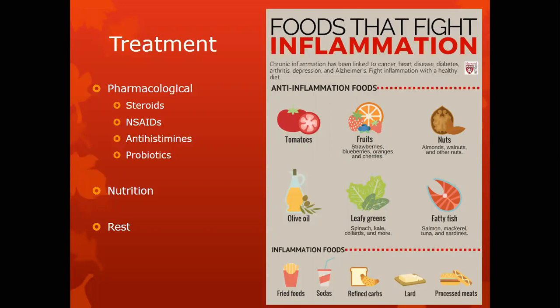There are definitely foods that can either increase or decrease inflammation. Some things suggested to avoid are dairy products, carbs, red meats, and processed meats. All these things are going to lead to inflammation in the GI tract. There are also foods that can lead to a decrease in inflammation.